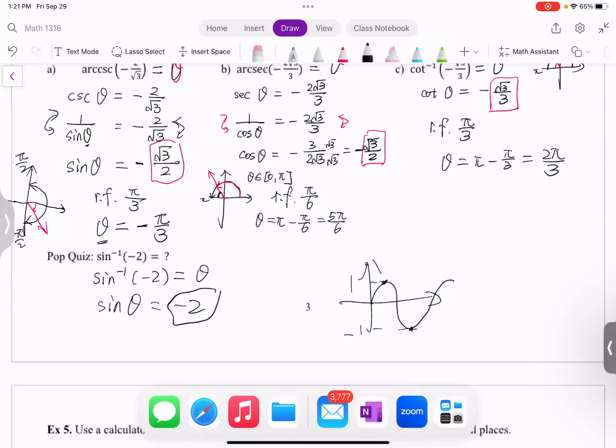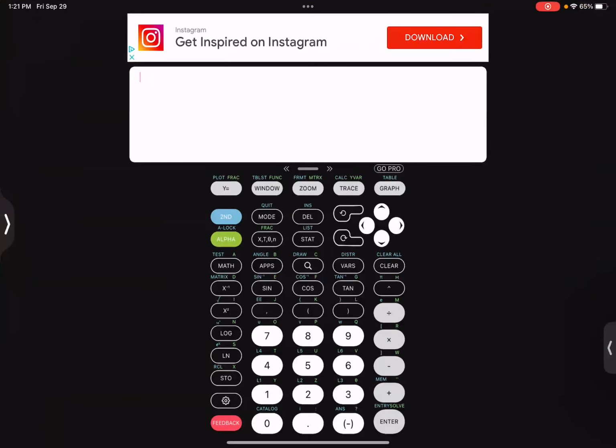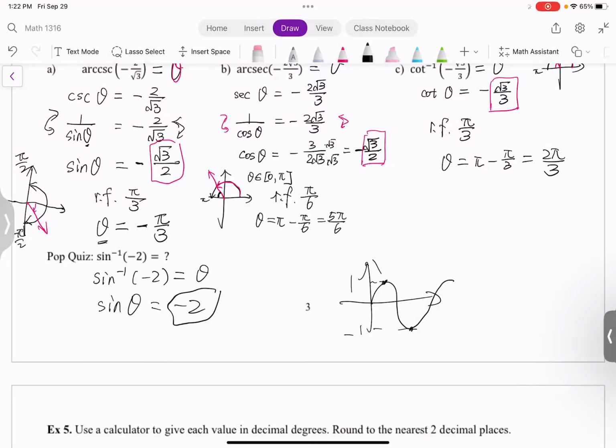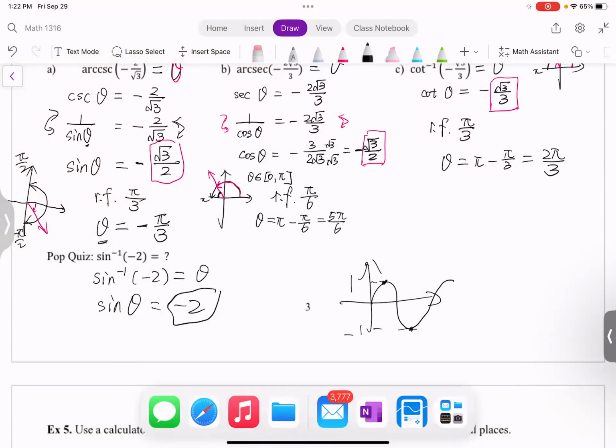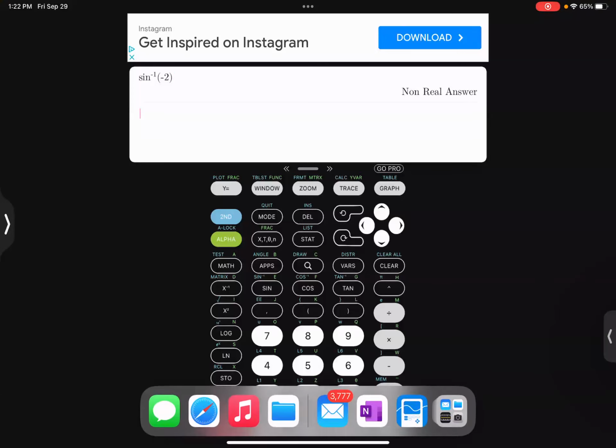If you are using the calculator, you click second, you click sine, that's inverse, and put -2, close parentheses. What do I have? No real answer, no solution.